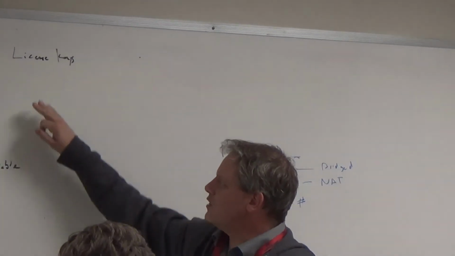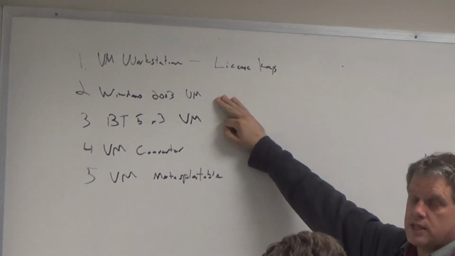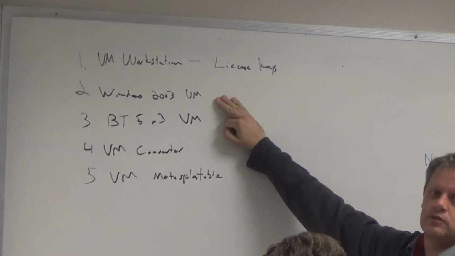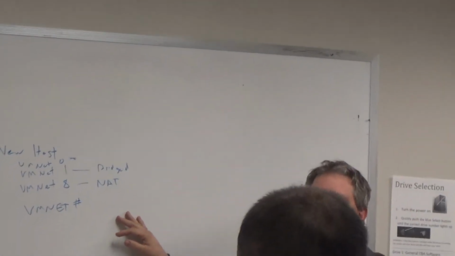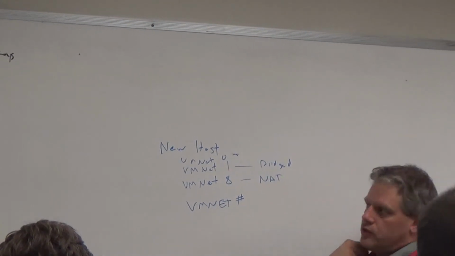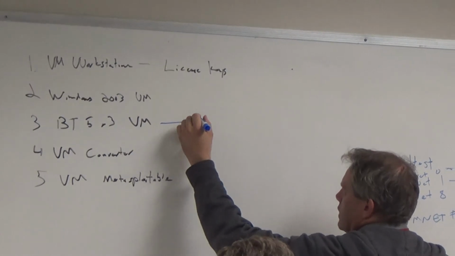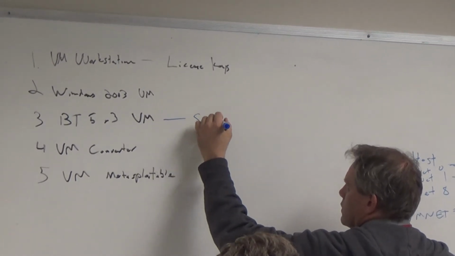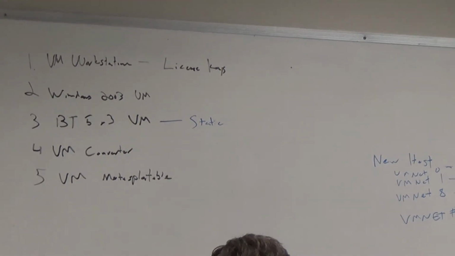The Metasploitable VM and the Windows VM should be set up for DHCP. So whatever network you make this, when you set your DHCP, those should get an address. You will have to statically assign an IP address to your Backtrack 5 machine.